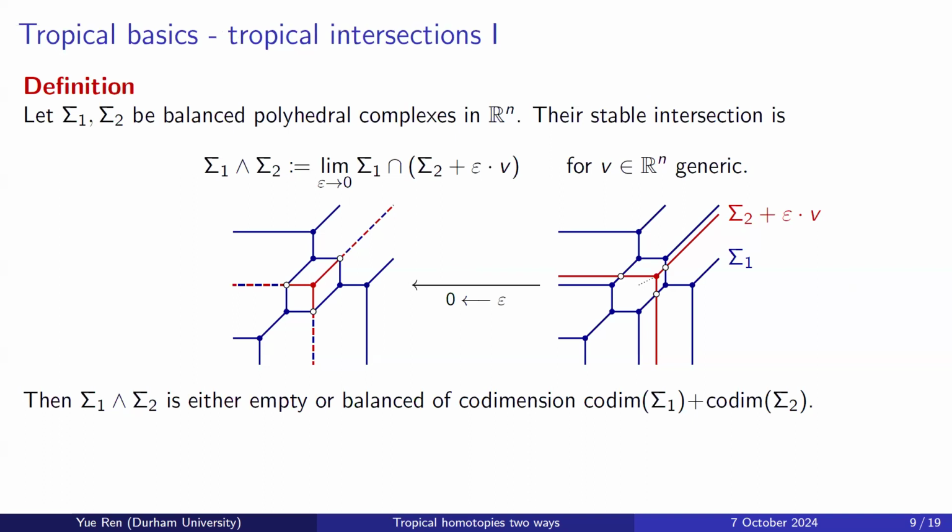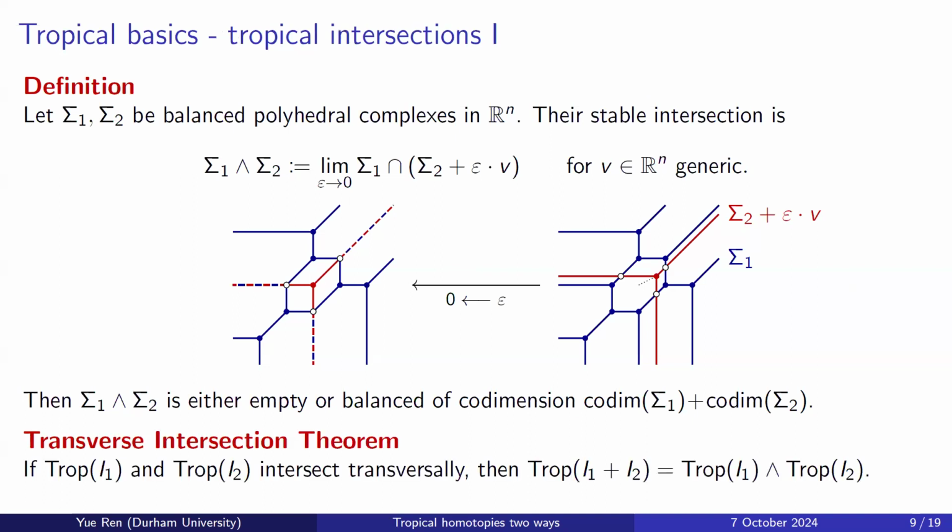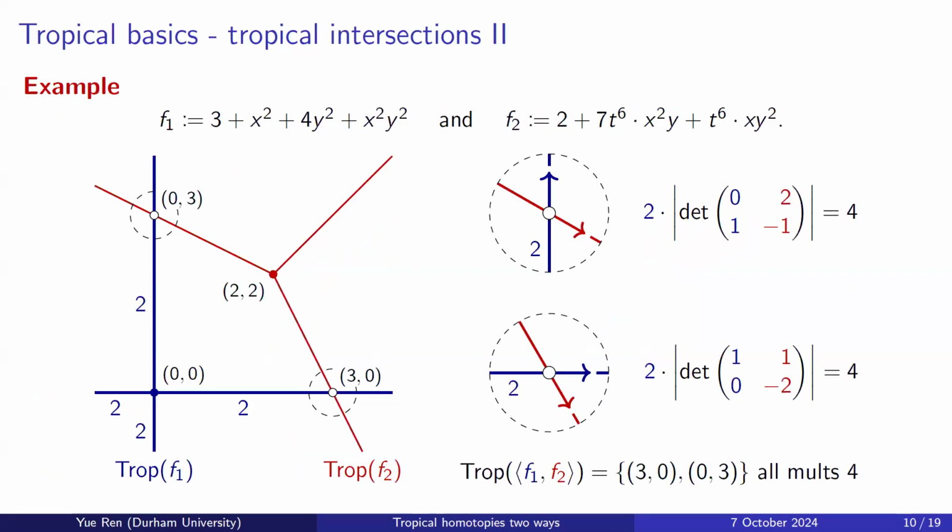The important theorem here is the transverse intersection theorem. It says that if you have two tropical varieties that intersect transversely, then the tropicalization of the sum is the stable intersection of the individual tropical varieties. Let's go to the next slide.